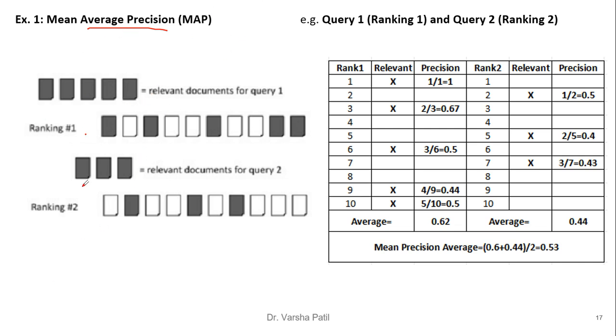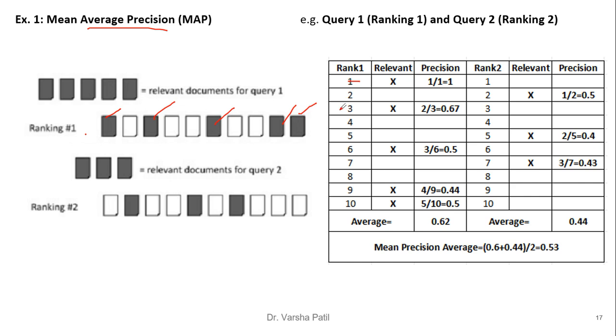Now this is the ranking 1, this is the ranking 2. Rank 1, 10 documents retrieved, rank 2, 10 documents retrieved. I have just kept the relevant documents, so this is the relevant. Relevant occurs at 1, 3, 6, 9 and 10. For precision you require to take 1 relevant, total 2 relevant, total 3 relevant, total 4 relevant and total 5 relevant, and in the denominator the number of documents retrieved will come.